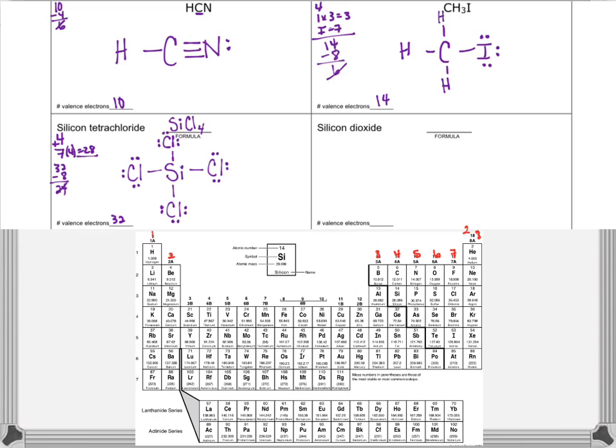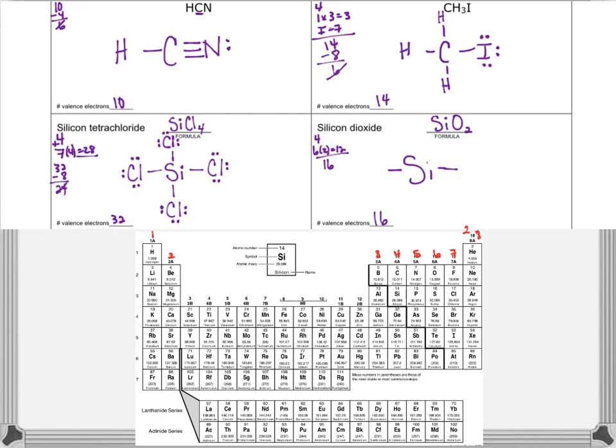Next, I have silicon dioxide. So I have silicon Si. Di means 2 oxygens. Again, silicon has 4 valence electrons. Each oxygen has 6, but there's 2 oxygens, so there's 12. 12 plus 4 is 16 valence electrons. I identify my central atom, which would be silicon.